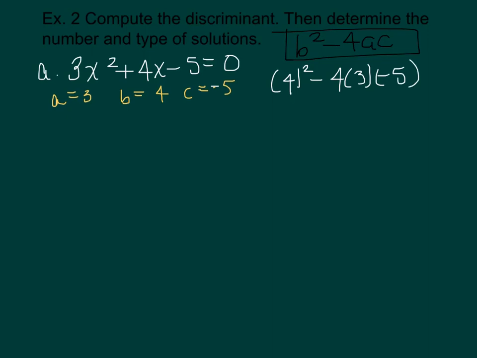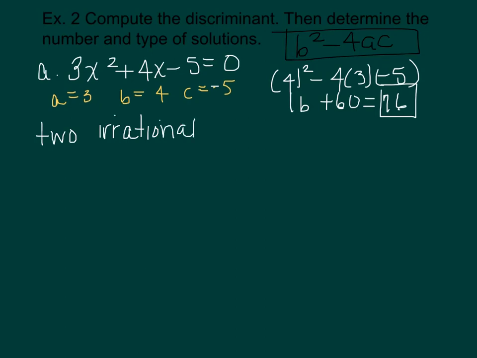So I'm going to end up with 16 plus 60, which equals 76. So since it came out to be positive, and it's not a perfect square, then that means that there are 2 irrational solutions. It's irrational because it's not a perfect square.